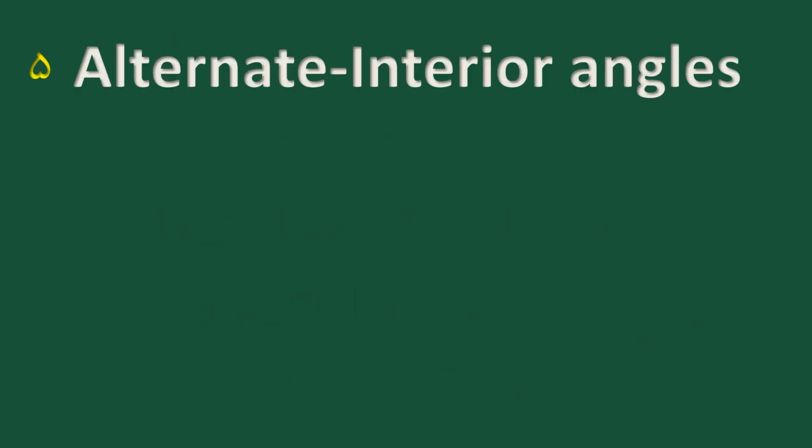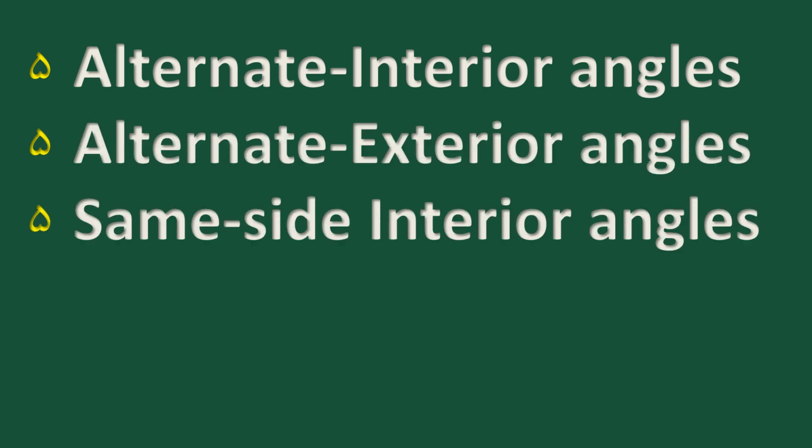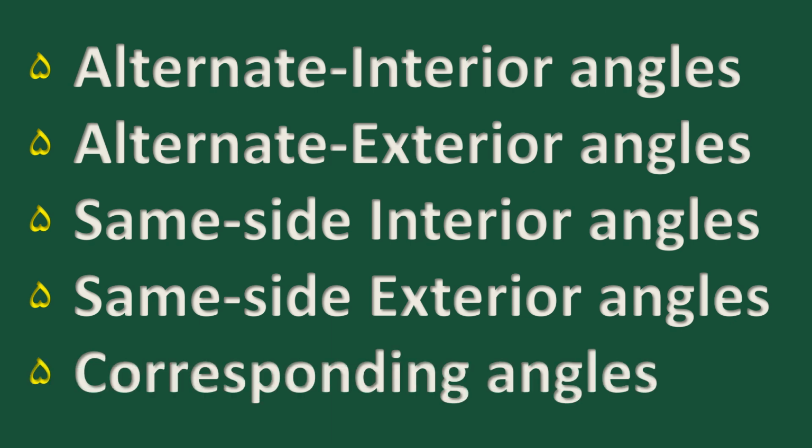We have alternate interior angles, alternate exterior angles, same side interior angles, same side exterior angles, and corresponding angles. Apart from these, we can also have linear pairs, supplementary angles, adjacent angles, and vertical angles, but let's just focus on these five in this particular topic.